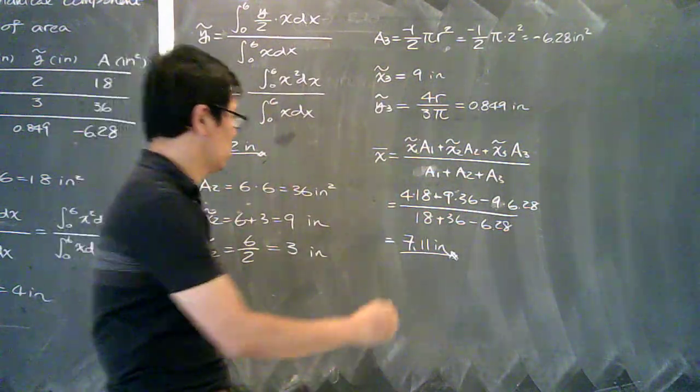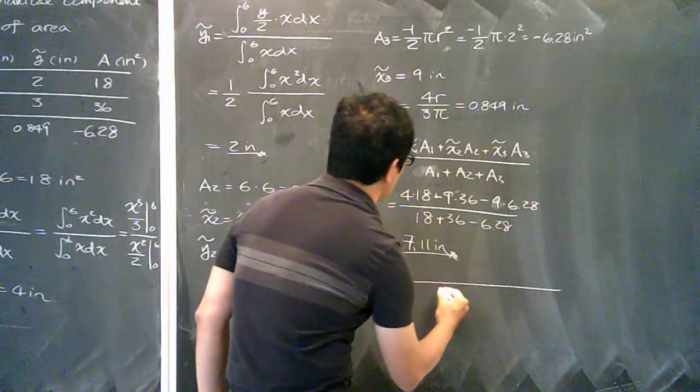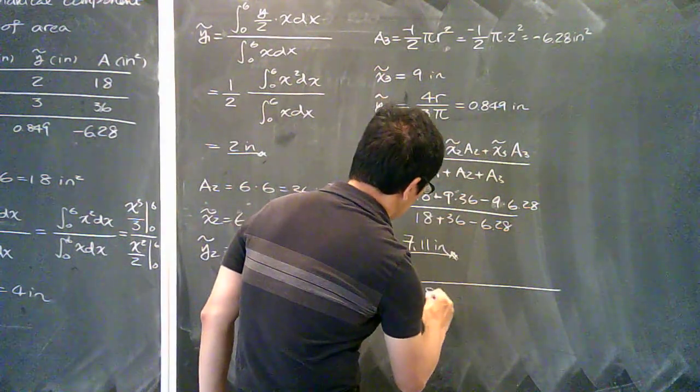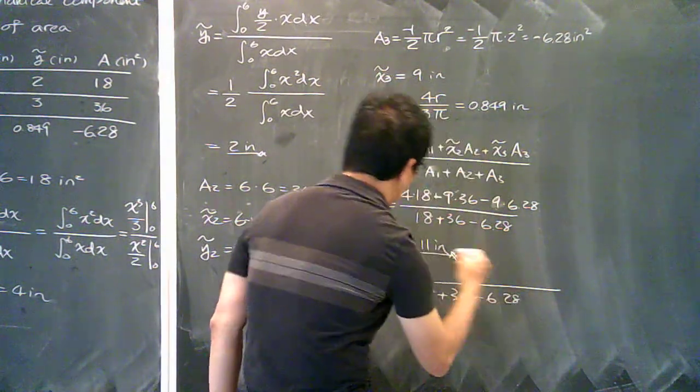That's my x. For my y, it will be the same. It's going to be 18 plus 36 minus 6.28.